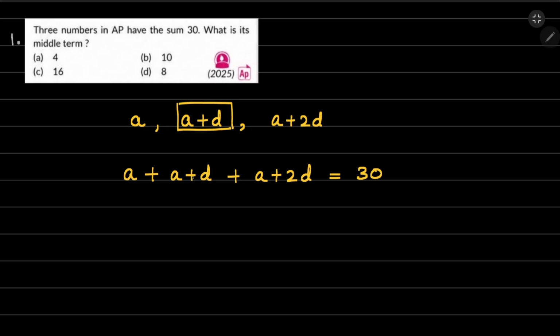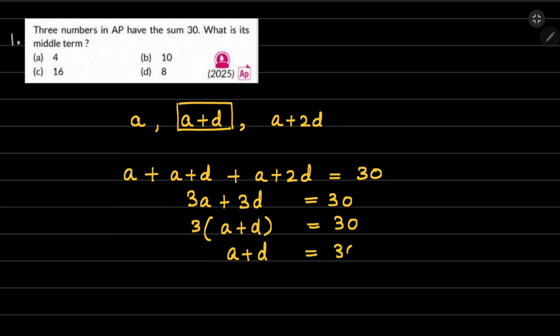So when you add them, A plus A plus A is 3A, D plus 2D is 3D, equal to 30. Take 3 common out. So you have A plus D inside, equal to 30 divided by 3, which is equal to 10. So A plus D is your middle term in the assumption that we took, right?